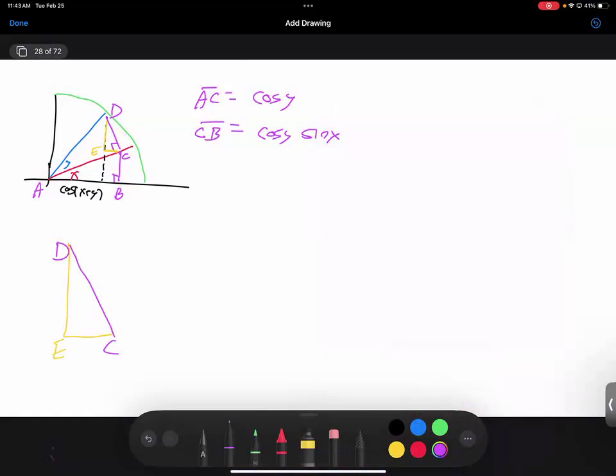What can you tell me about CD? What's the length of CD? Sine Y. So I know this is sine Y. I know this is a right angle here. Do I know any other angles in this triangle? Angle CDE.